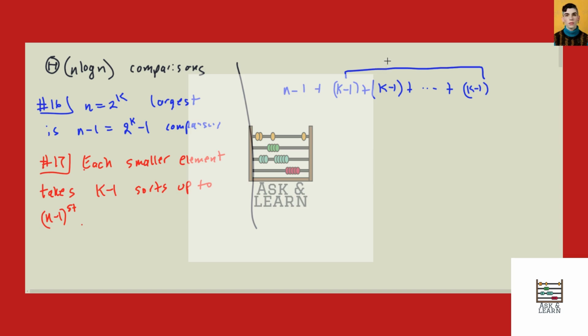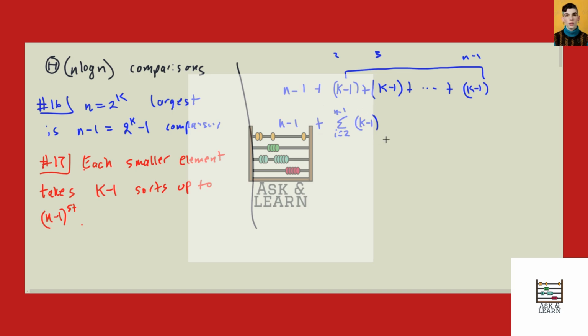We would start with this being our second, third, and all the way up to n minus 1. So we could actually rewrite this as the sum from i equals 2 to n minus 1 of k minus 1.